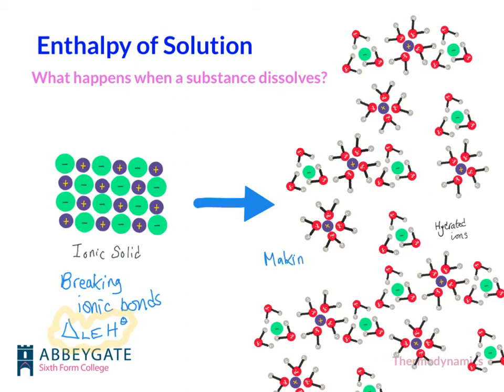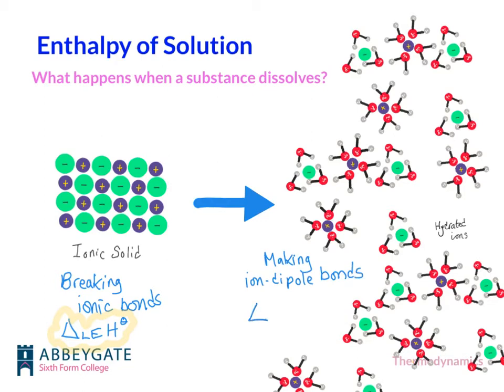Now on the other side, we've been making lots of bonds between the water molecules, which are dipoles, polar molecules, and these are ion dipole bonds, making our hydrated ions. This is given a special symbol, delta H hyd, hyd for hydration, and this is the enthalpy of hydration.